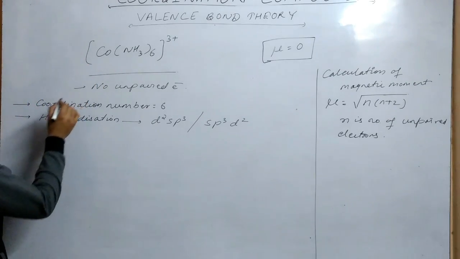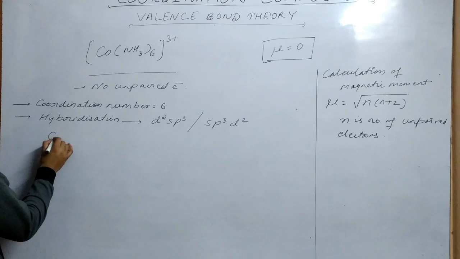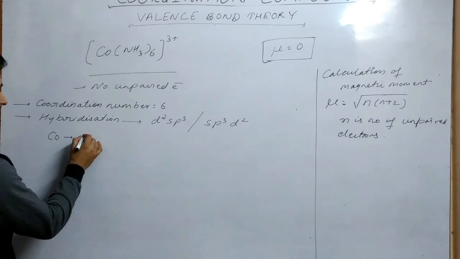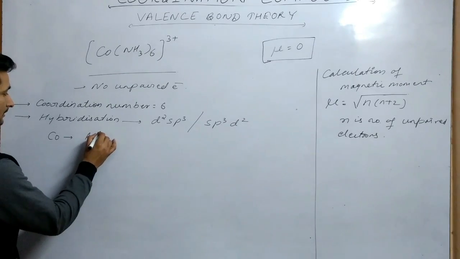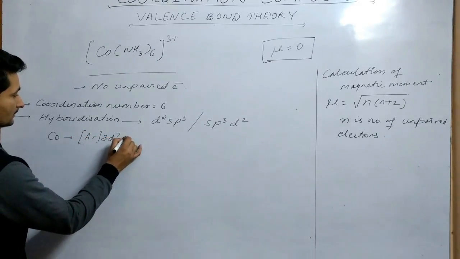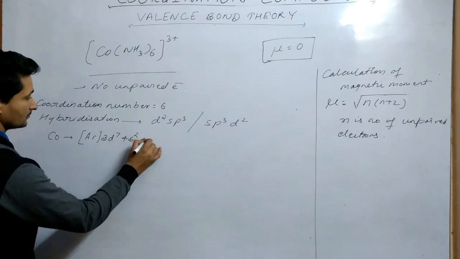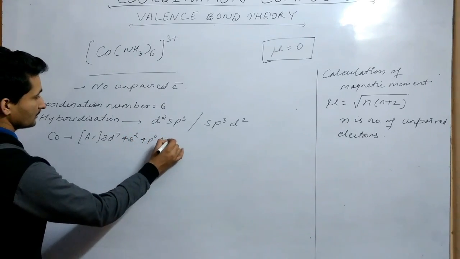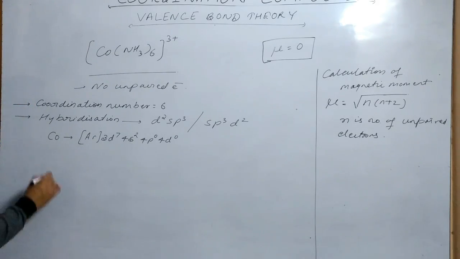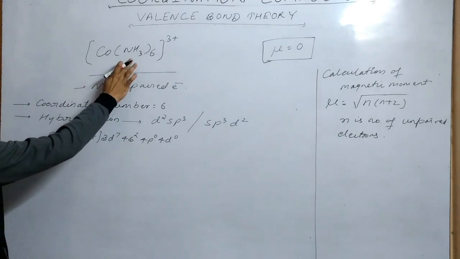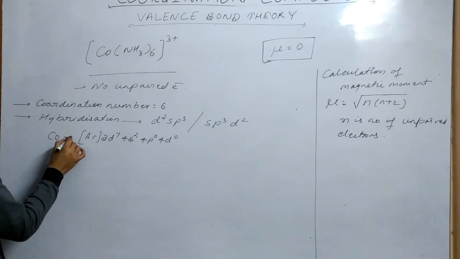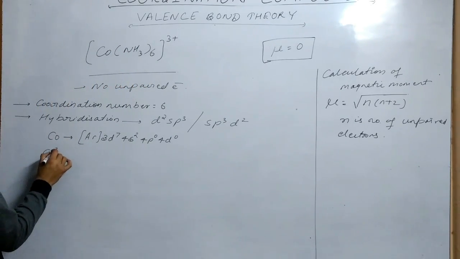Now in this complex, I am writing the electronic configuration of cobalt: argon 3d7 4s2 4p0 4d0. Since NH3 does not have any charge, cobalt exists as Co3+.